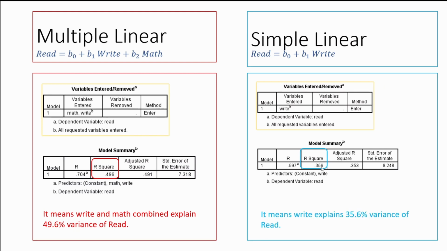So translated into a percentage, it means that writing explains 35.6% of the variance of the reading score. So as you can see, as we add one more independent variable, math, into the model, we explain more variance compared to a single predictor. Generally, or typically, as you add more independent variables into the model, you can explain more variance.